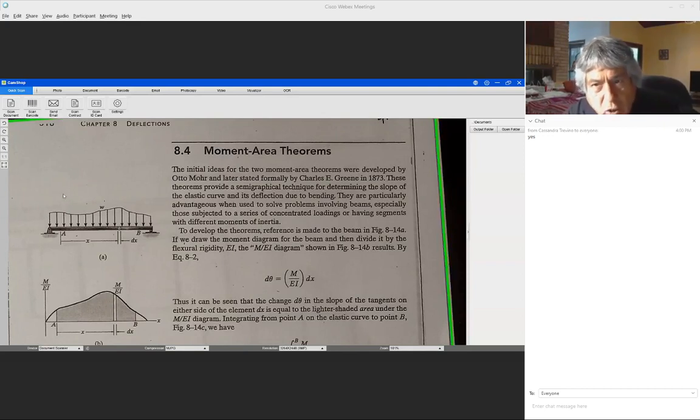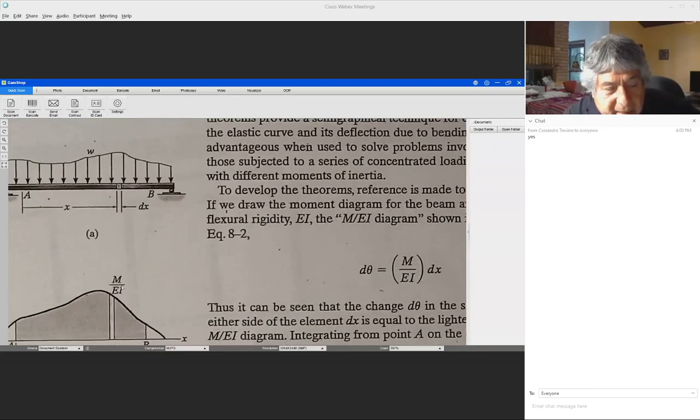The load, they're showing any shape for the load. But what is important is that this load is producing a certain moment diagram. The moment area theorem, as you already know from previous semesters, uses the moment diagram divided by the structure stiffness that I mentioned before. The shape of the moment diagram is divided by EI.